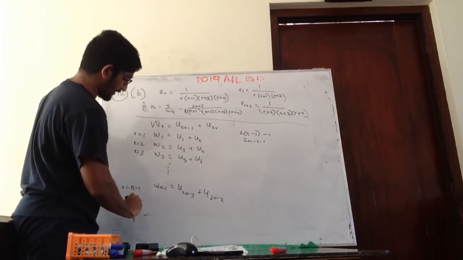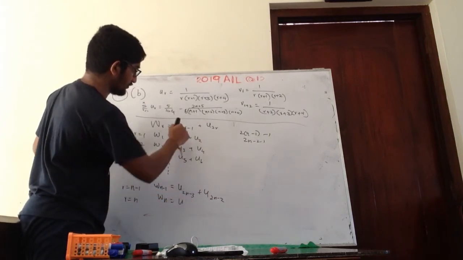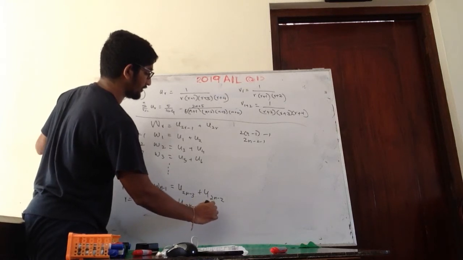Then at R equals n, you will get Wn equal to U2n minus 1 plus U2n.